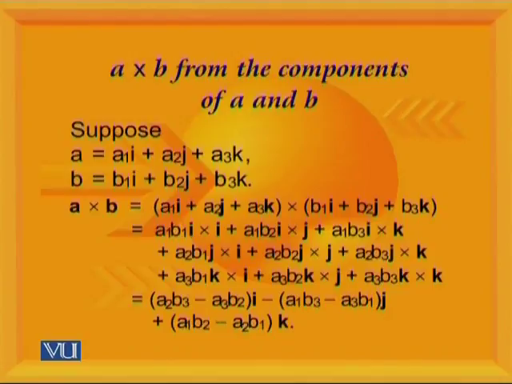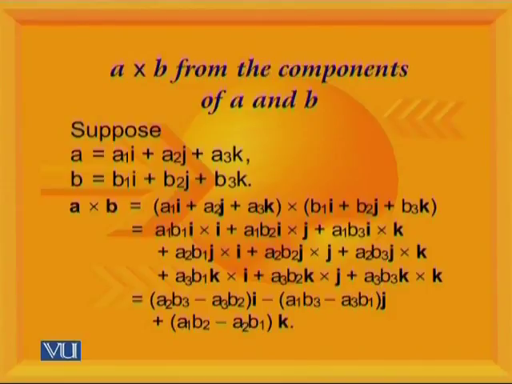So using these, ultimately you will reach the result that A cross B is equal to (a2b3 minus a3b2) i minus (a1b3 minus a3b1) j plus (a1b2 minus a2b1) k.